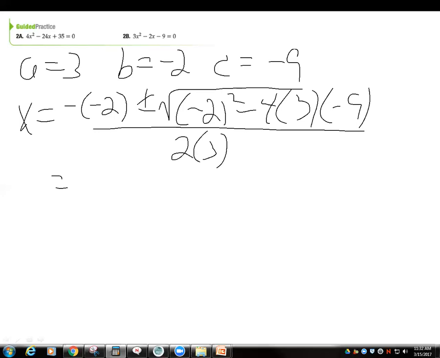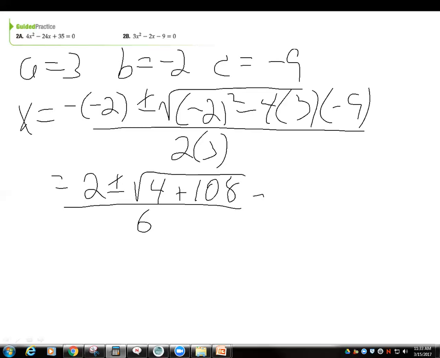So you would get 2 plus or minus the square root of 4 plus 4 times 3 is 12 times negative 9 would be negative 108, times the negative would be positive 108, all over 6.